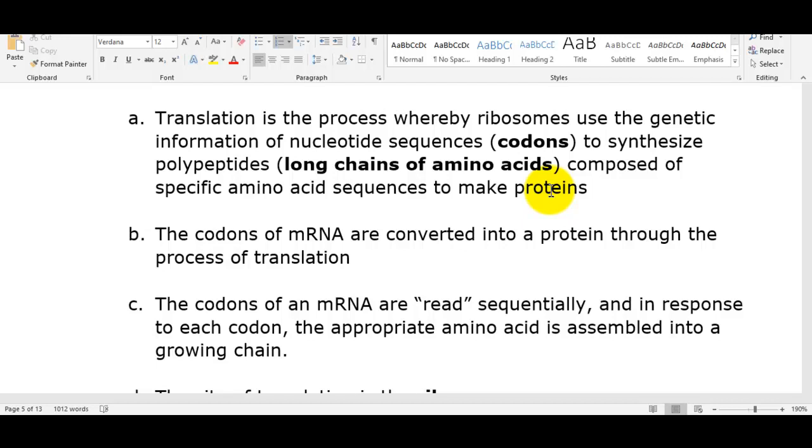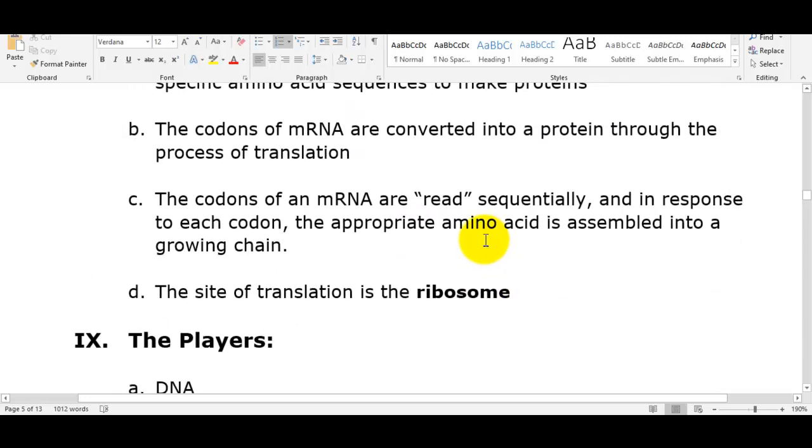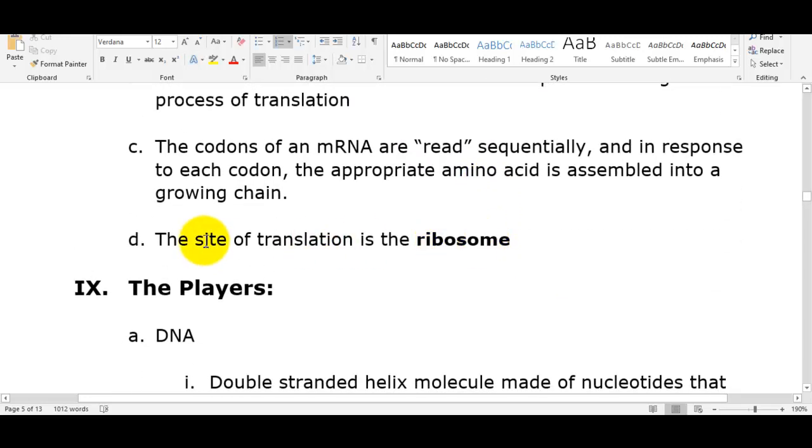It's actually a mutation of the hemoglobin. Instead of having 256 amino acids, a person with sickle cell trait, and it's genetic, has 255. So it results in a hemoglobin molecule not functioning 100%, and it's just when it's not carrying oxygen. The site of translation is the ribosome.